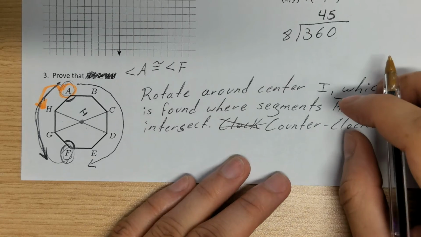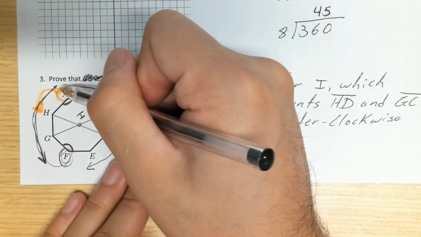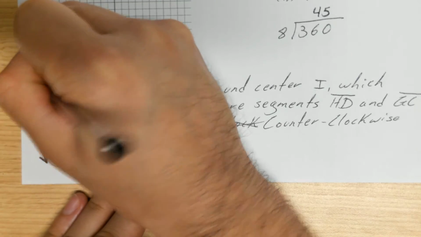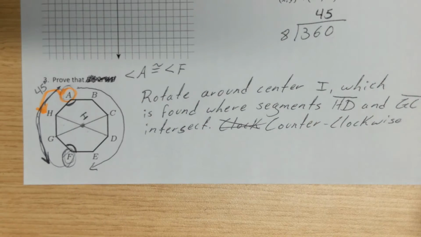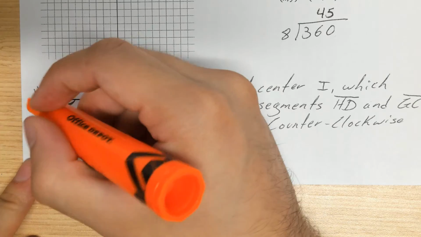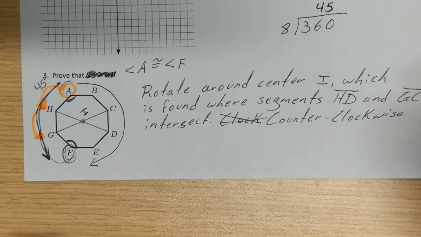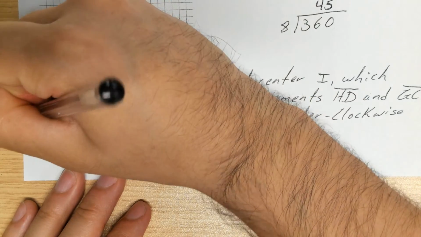It's 45. So guys, from A to H, that's 45 degrees. Okay? Then from H to G, that's another 45 degrees.